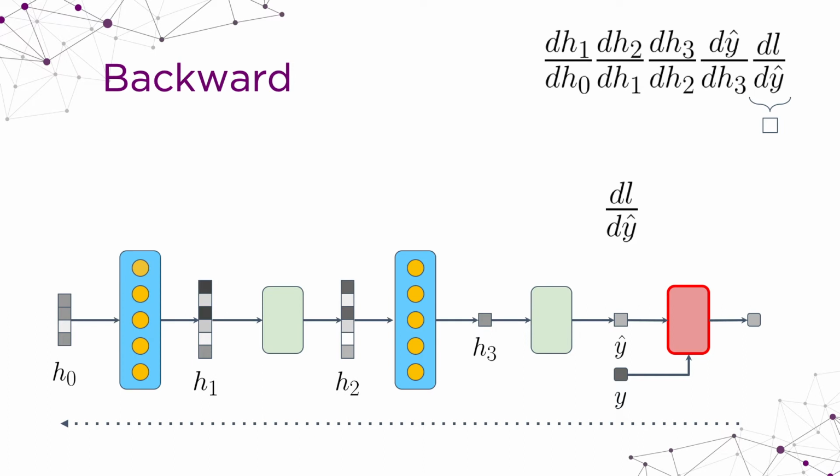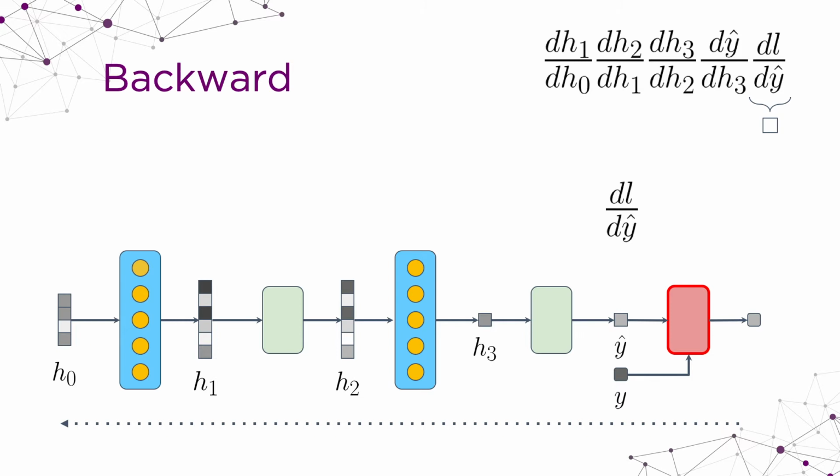And so at the end you will just have dl over dh0. I hope that no mathematician will tell me at the end of this talk that I shouldn't have said it. It's not really something that we can do, but it's only a trick to remember the chain rule.